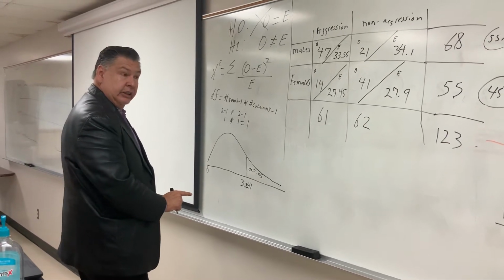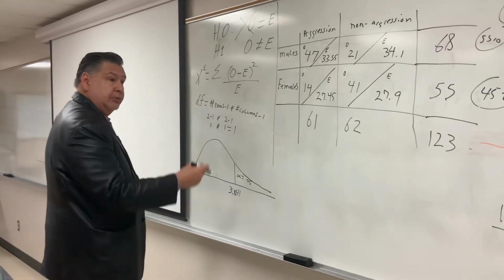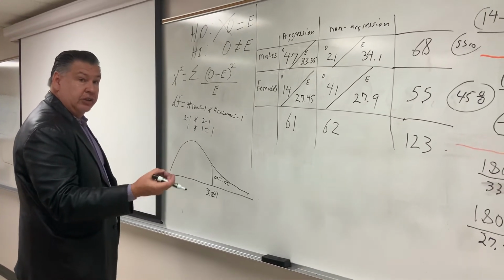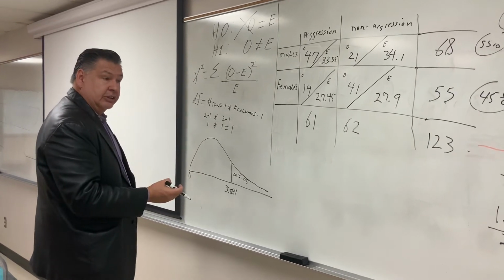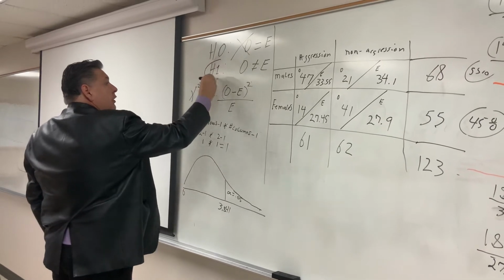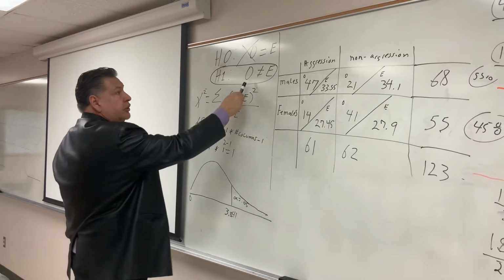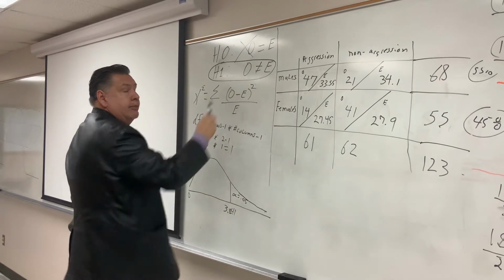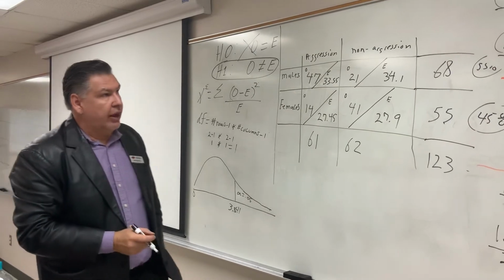And it is. So I can reject the notion that the observed and the expected values are the same. And I will reject the null hypothesis. And I will accept the notion that there are statistically significant differences between my observed and my expected values. So that's kind of how that works.